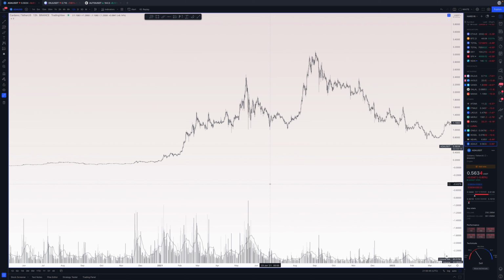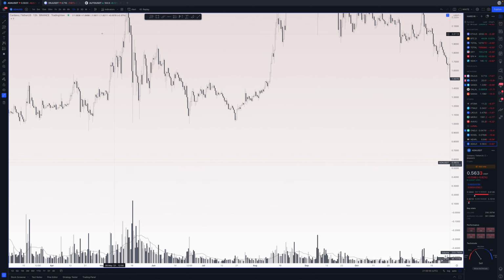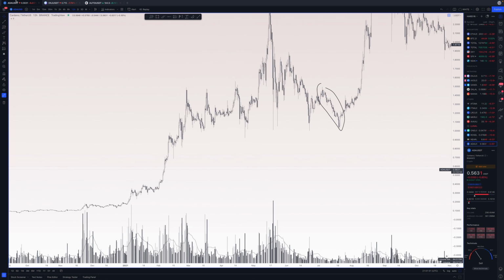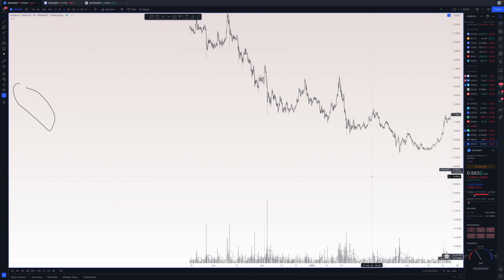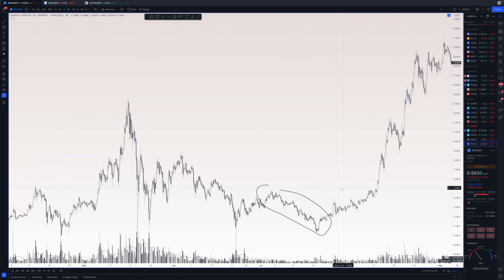Are we at a point on the lower time frame where we could see a reversal on the bigger time frame? So, for example, if we are seeing this lower time frame downtrend here on the bigger picture, if we go to the 4 hour time frame, this is a downtrend, of course, very clear.